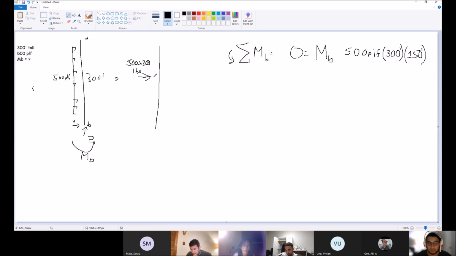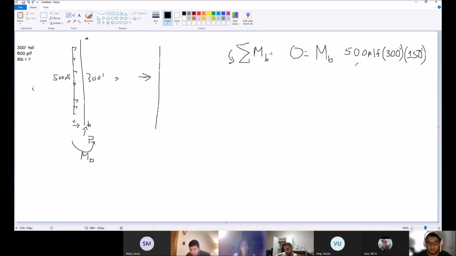Because we consolidate that into the middle, we can now multiply by this length, which happens to be half of the entire length, 150 feet. Consolidate down to one point and then measure the distance. That's where these two numbers came from: 300, which is the entire facade of the building, and 150, which is the average distance from the base.